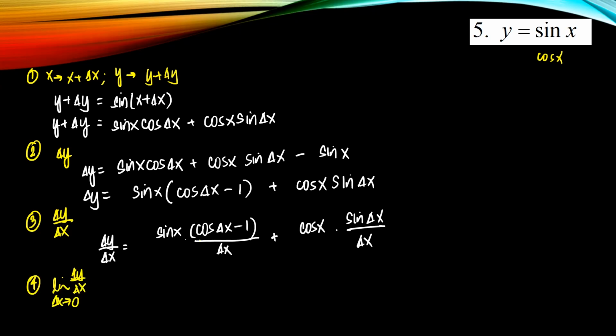Where did I get the cosine in here, guys? Kasi this one and that one, sine x is the same, so I factored out sine x. I'm left with cosine delta x, right? And take note of this: sin, cos, sin.